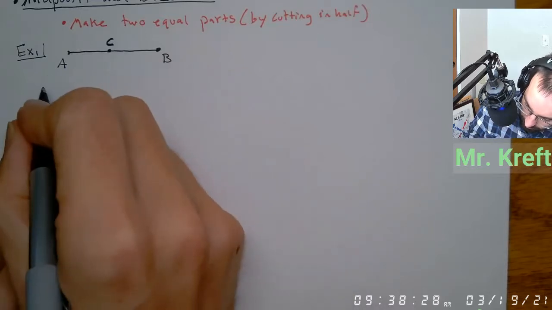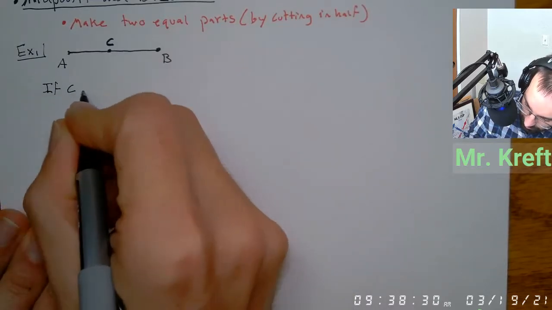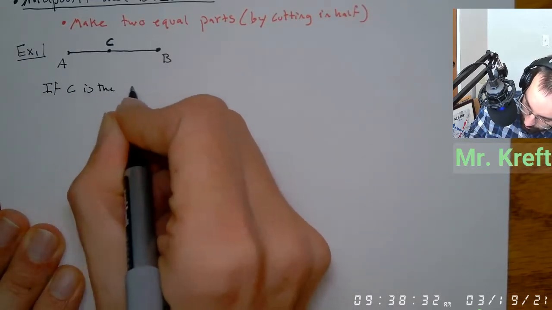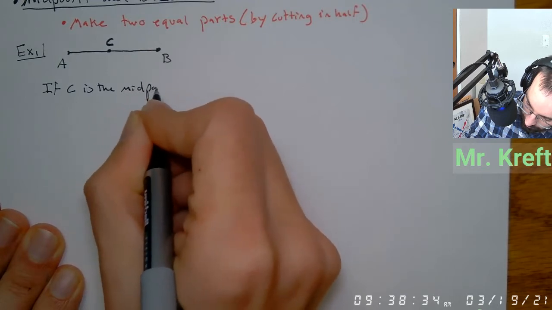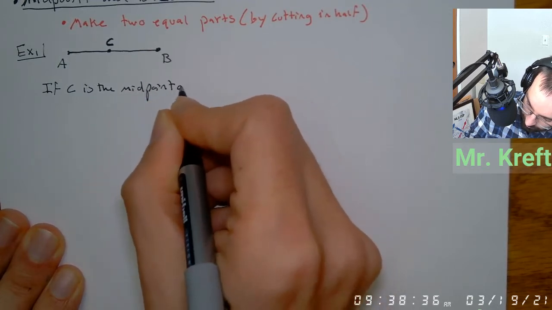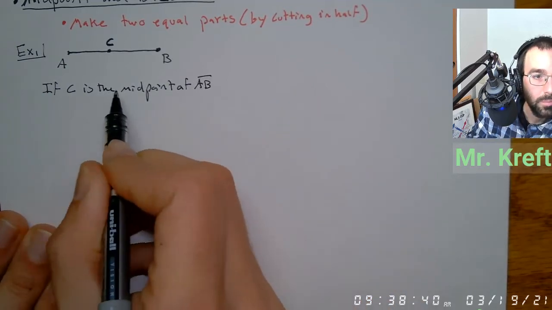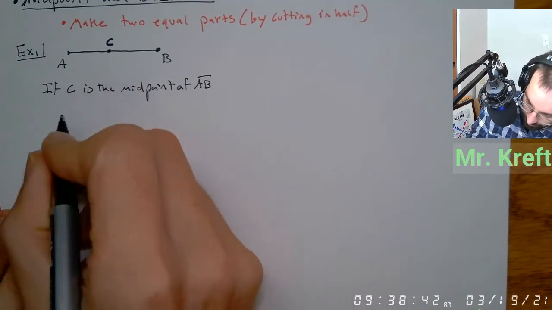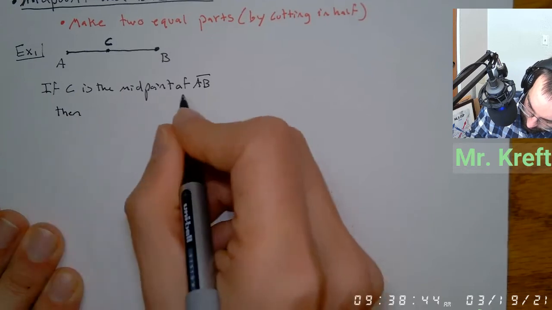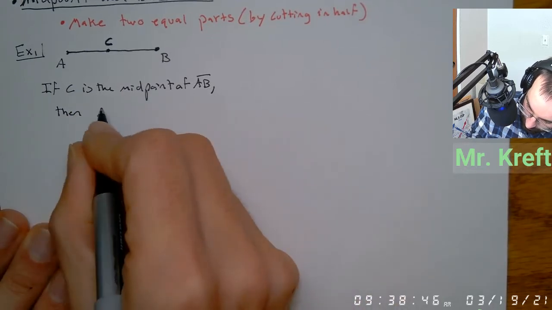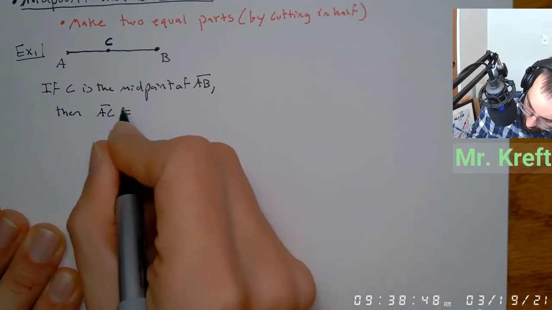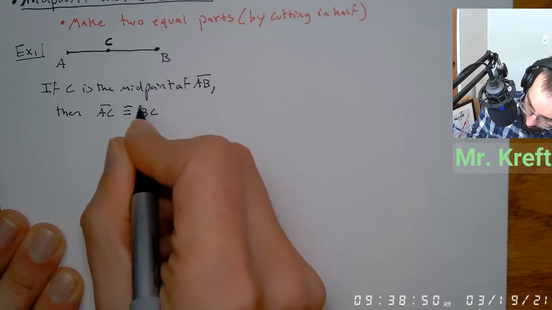All right, so if C is the midpoint of segment AB, then segment AC would be congruent to segment BC.